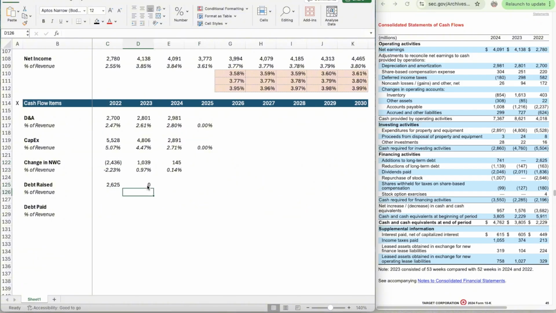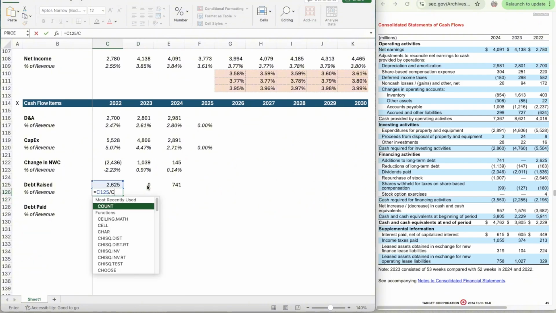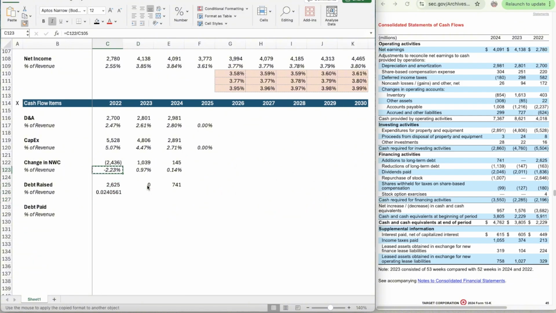It was 0 in 2023, 741 million in 2024, divided by C105. Now the debt paid was 163, 147, 1139.